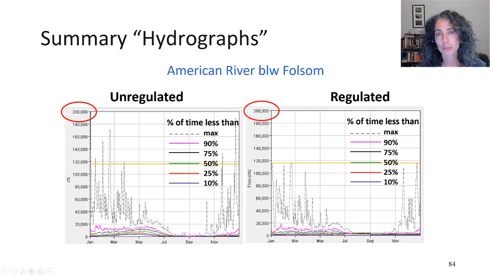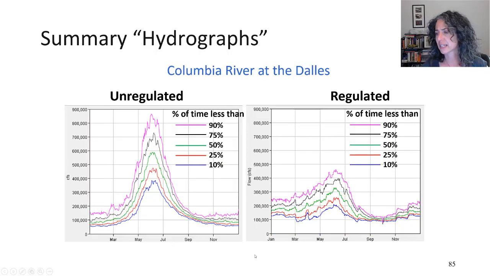Another example is the Columbia River at the Dalles. This is a snowmelt watershed, primarily snowmelt. So again, we have the unregulated flows on the left, the regulated flows on the right.